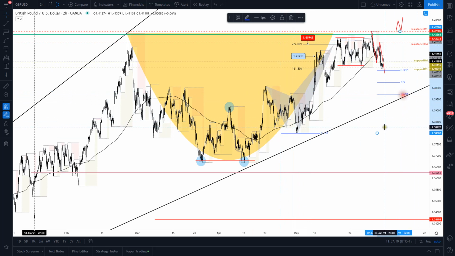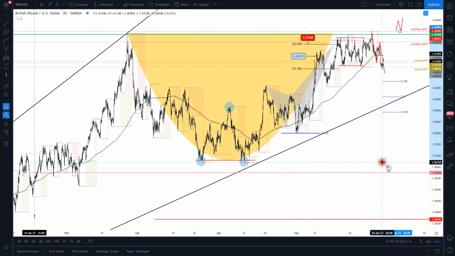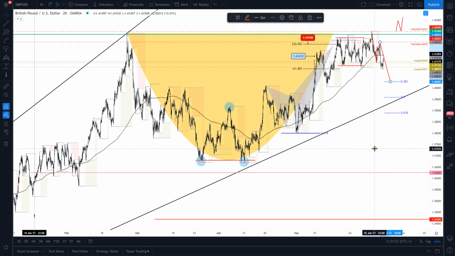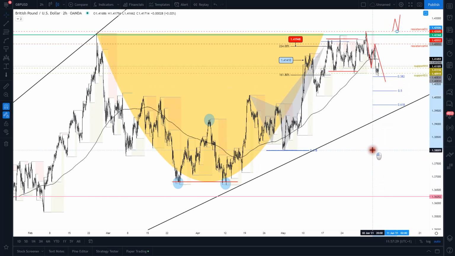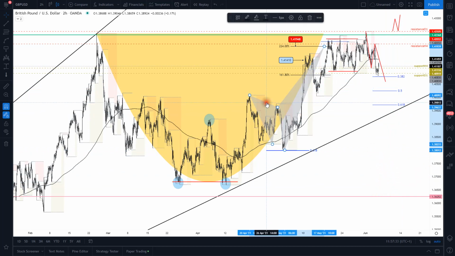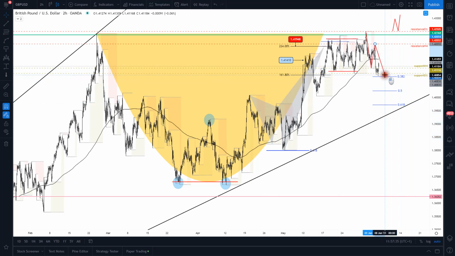And I'm not even searching for the 38% Fibonacci retracement from the whole cup, because if I'm waiting for that, I need to wait for a bit lower. I'm waiting for the 38% Fibonacci retracement because it's the minimum expectation that I have for the bearish shark pattern printed there, at least.